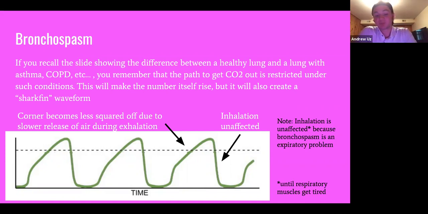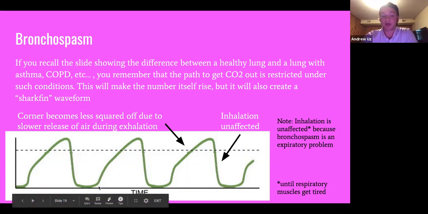So as that corner on the morphology is flattened out, you can see that the CO2 is having a harder time getting out of the lung, or in other words, the exhaust is having a harder time getting out. That shows you that the patient's lungs are inflamed. So this is an indicator of asthma or COPD or something like that. And the inhalation side is pretty much unaffected because asthma is typically an expiratory problem.